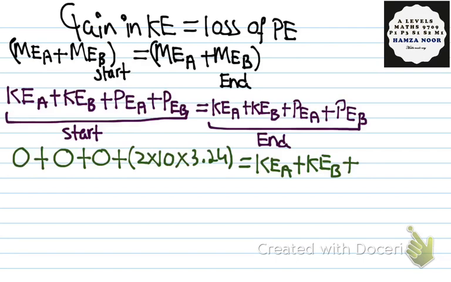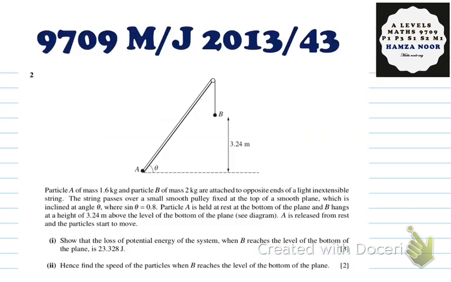Okay, now let me just continue. Kinetic energy of A plus kinetic energy of B plus potential energy of A will be something, and potential energy of B at the end of the system will be equal to 0. But how to find the potential energy of A?